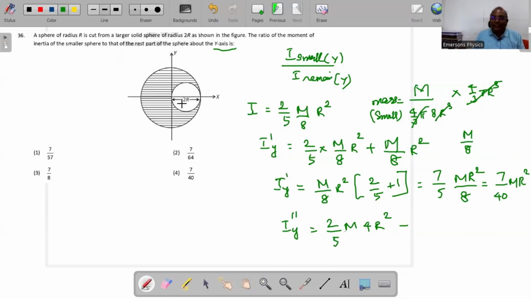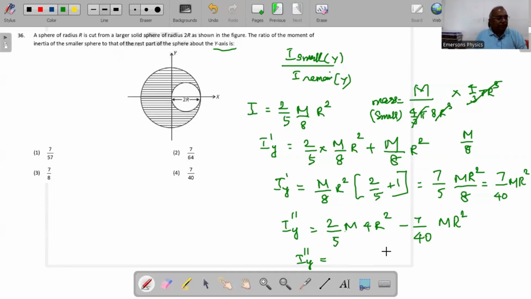The moment of inertia of this part, this I y dash, should be removed, which is 7/40 mr². So when we subtract, this is the moment of inertia about the y-axis due to the whole sphere with the smaller sphere removed. That's the remaining part. So if we subtract this, what will we get?